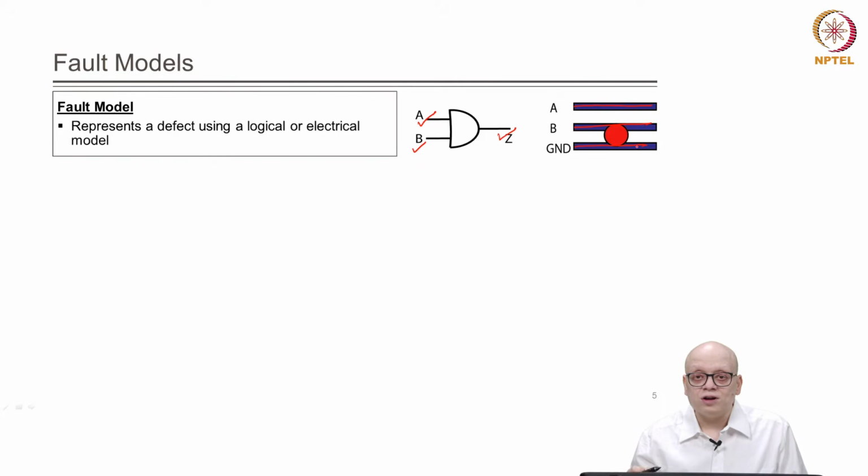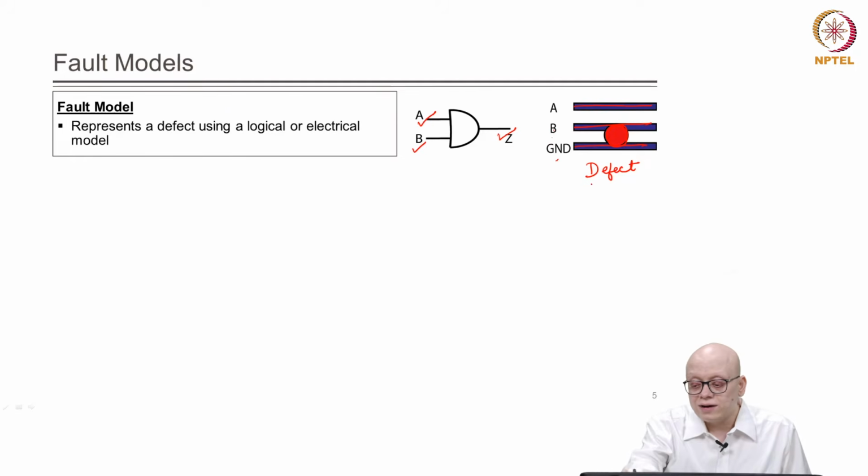Now, because of random variation in the processes, a conducting particle came and shorted the line B and ground, right. So, this is an example of a defect. Now, our circuit has a defect, and it may be a fatal defect because it is shorting the line B and the ground, right.